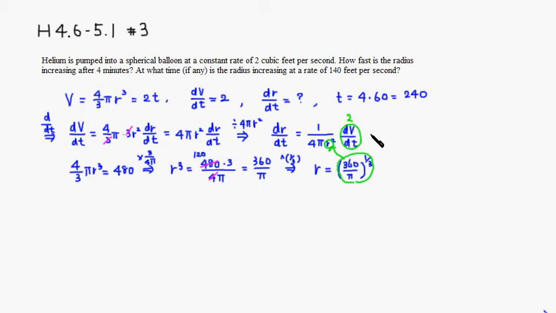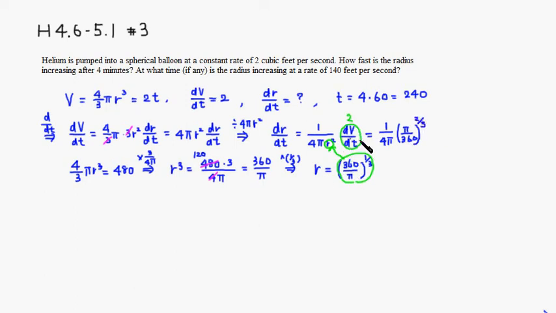So this is equal to 1 over 4 pi, then you have 1 over r squared, which is the reciprocal of that squared. I'm going to simply put it upside down, that's the reciprocal, and I have to square that, so it's the 2/3 power.